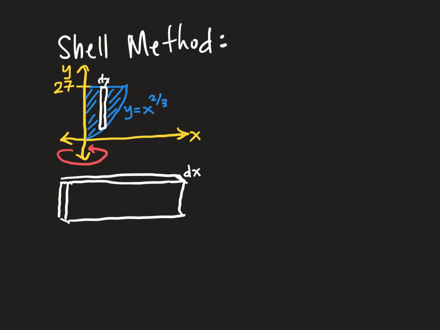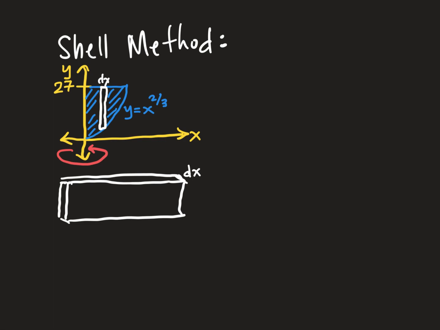If I were to find the height of a rectangle elsewhere, it would still be this y value minus this y value. That would be its distance, and that's all I need right here. I just need that distance, but I want it to be a function of x. We're going to set that aside for a moment.